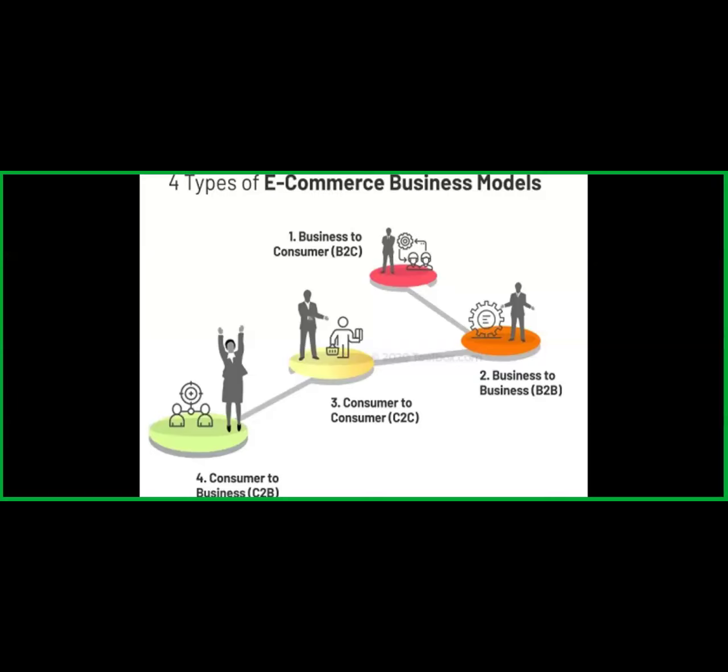Third popular is C2C. C2C is not that popular, right? And the least popular is C2B, where the consumer is doing business or selling their product to the business, and that is called C2B.